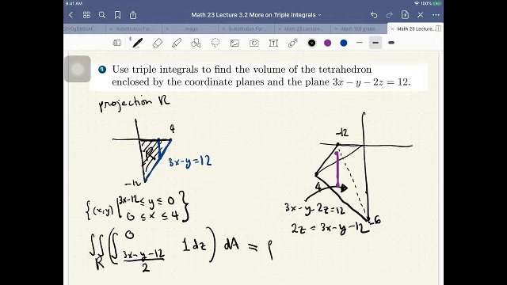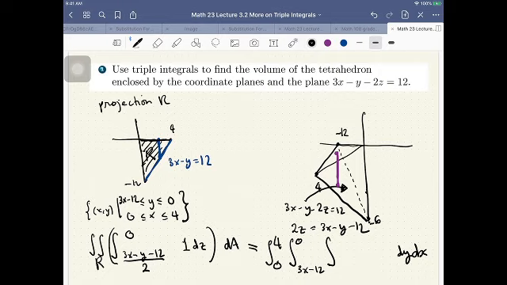This would be equal to the integral. Remember that we have already found the limits of integration of the region R. So the outermost limits of integration will be 0 to 4, corresponding to dx. Next is 3x minus 12 to 0, corresponding to dy.